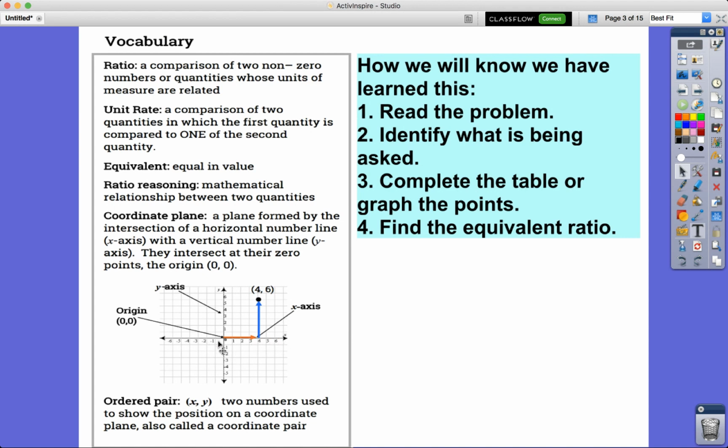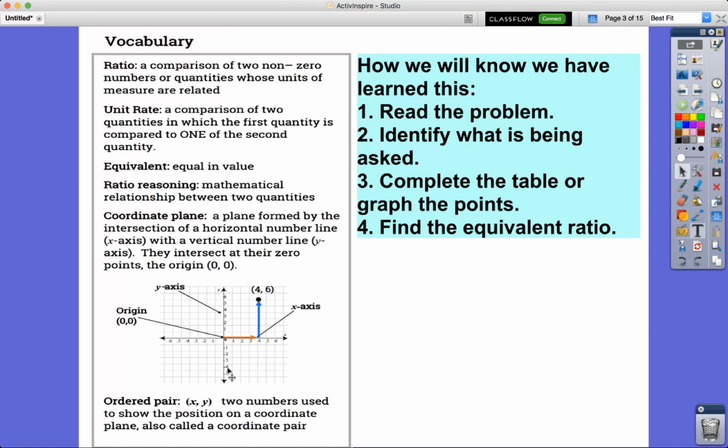Remember, the x-axis is your horizontal axis. The y-axis is your vertical axis. Numbers to the left of 0 on the x-axis are your negative numbers, and numbers below the x-axis, when you're on your y-axis and you cross over the x and go below 0, those are your negative numbers for the y-axis.